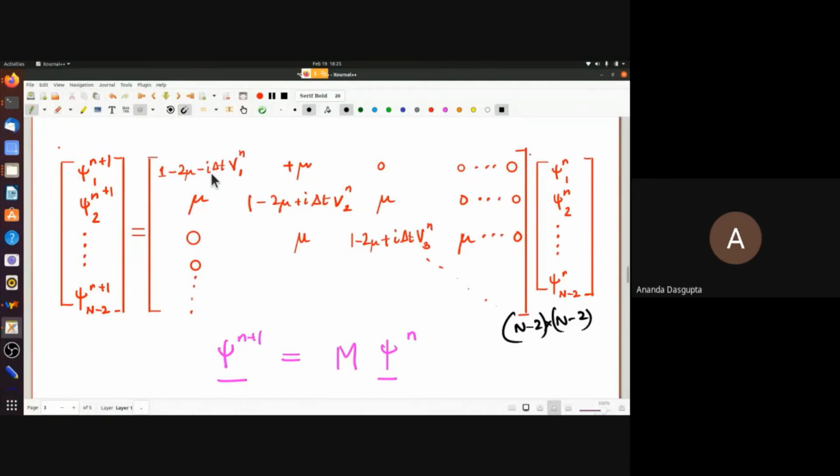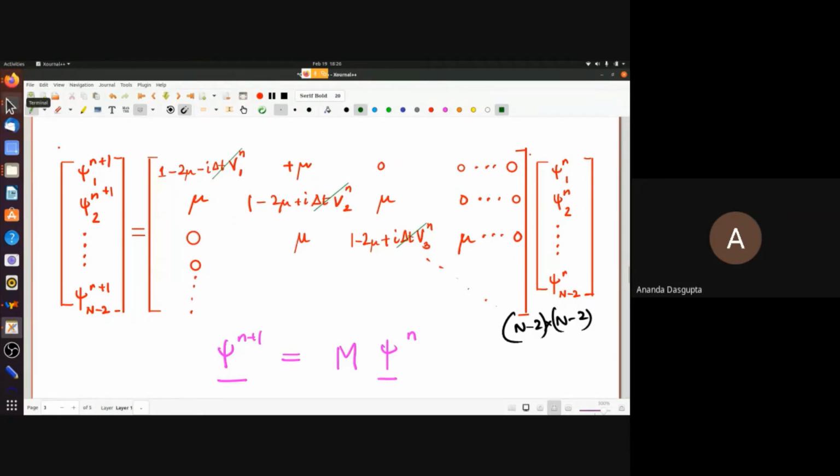So this minus i delta t V terms, these are not there. So all the diagonal elements are 1 minus 2 mu. Very simple. The first leading subdiagonal is all mu. And on the other side also all mu. Right?